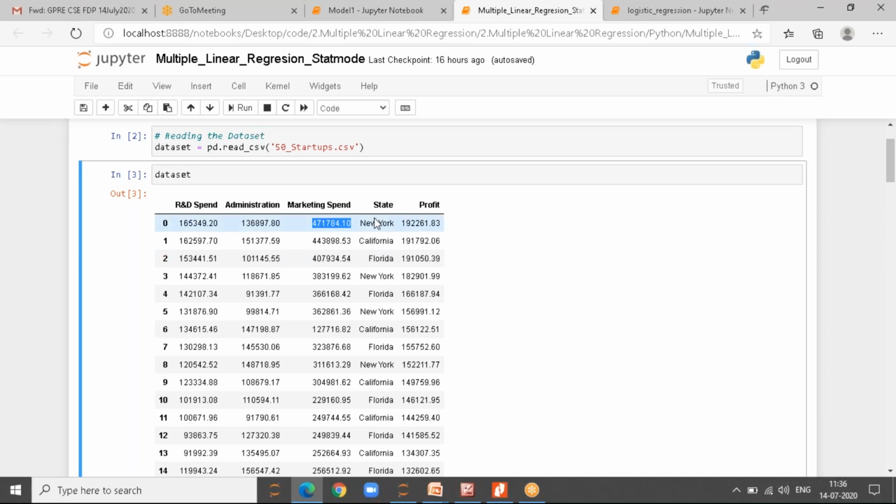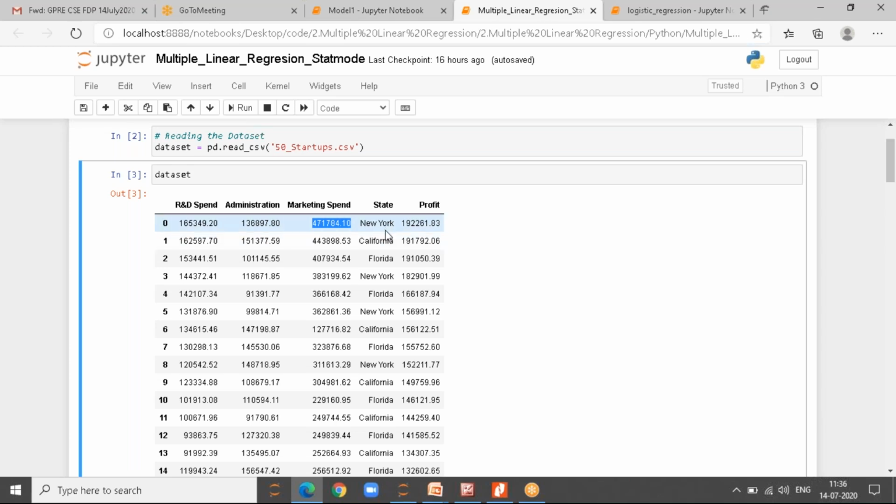So I will come to know that it is a nominal categorical attribute. Why? Because I cannot make comparisons. I cannot further split New York into small or big or something else, right? Any state. So I will go for one-hot encoding. In one-hot encoding, I can give zeros and ones for naming a value.